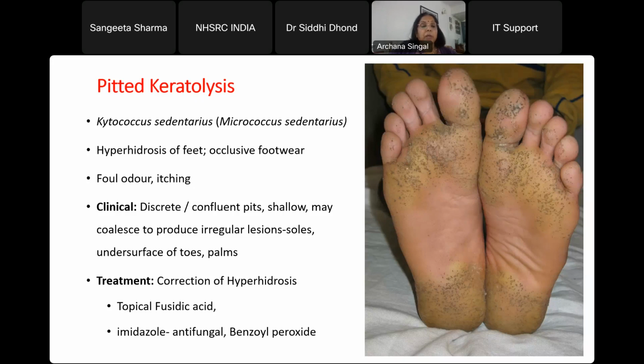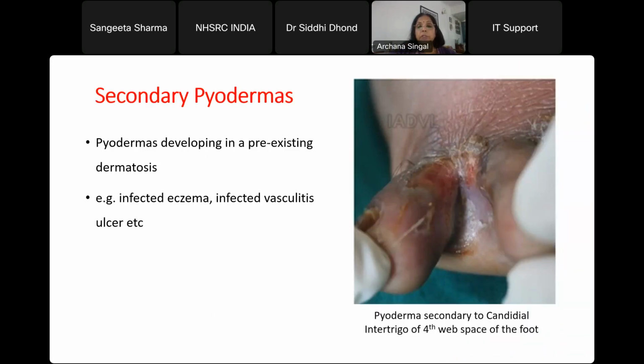So correction of hyperhidrosis is important. That can be referred to a dermatologist, as we have to treat the increased sweating, and topical antibiotic cream like fusidic acid, imidazole derivatives like clotrimazole, and benzoyl peroxide also work topically. Okay, and you can also give azithromycin.